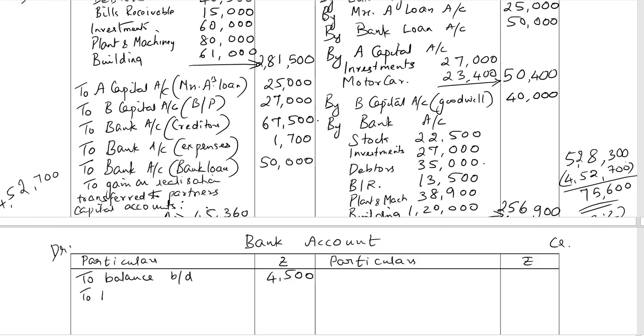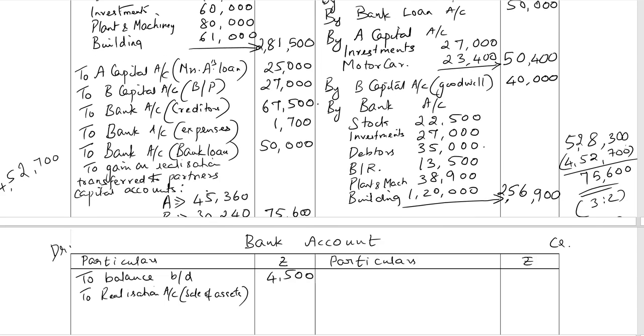To realization account, from the sale of assets. The total amount realized from the sale of assets is 2,56,900 rupees.